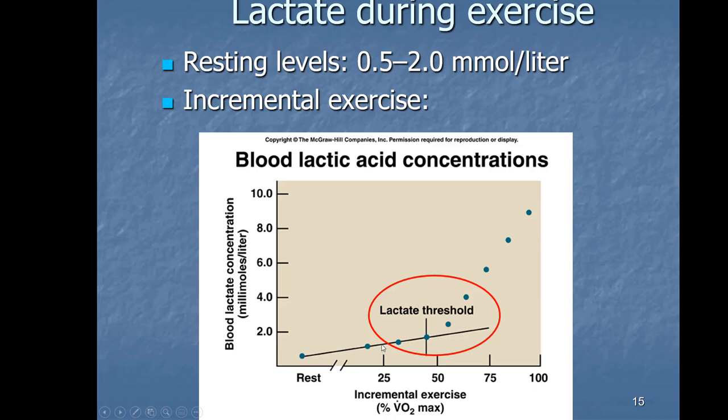It looks like it remains relatively stable, like we said, up to about 50% of your maximal capacity, and then it starts increasing exponentially. So we get this break point right here, and this is commonly known as the lactate threshold, where you see that shift from being really stable, and then all of a sudden it just shoots up. So that's known as the lactate threshold.